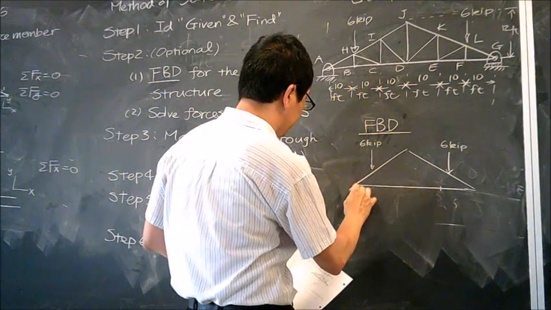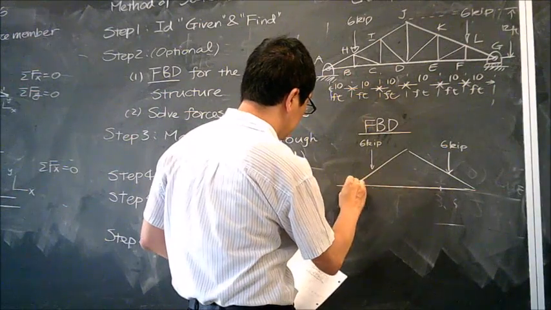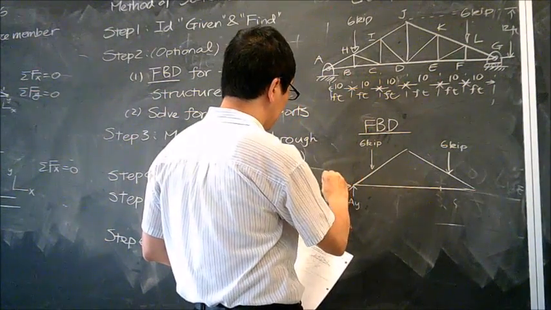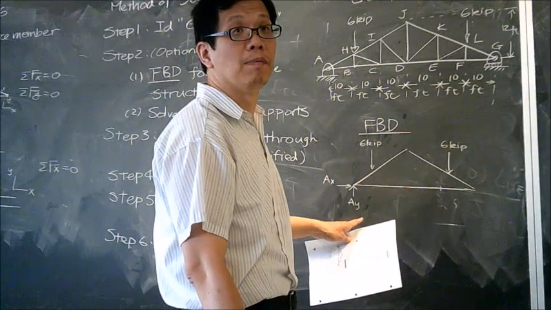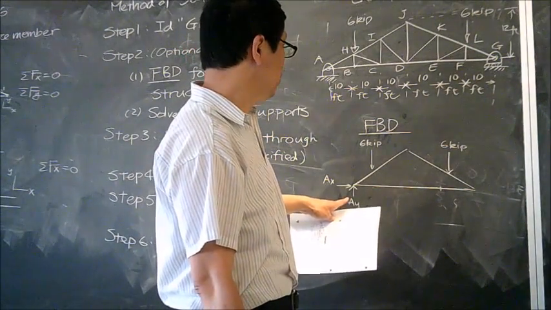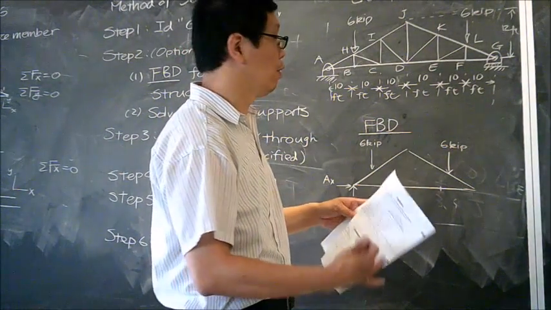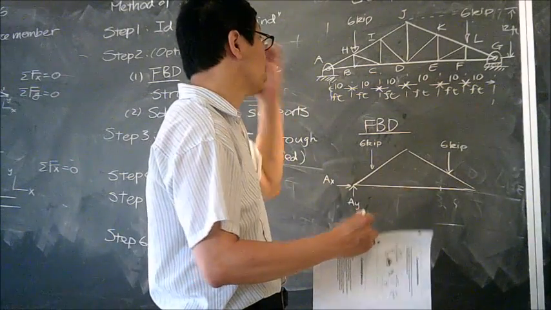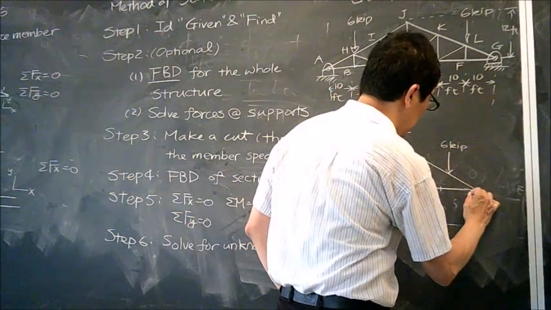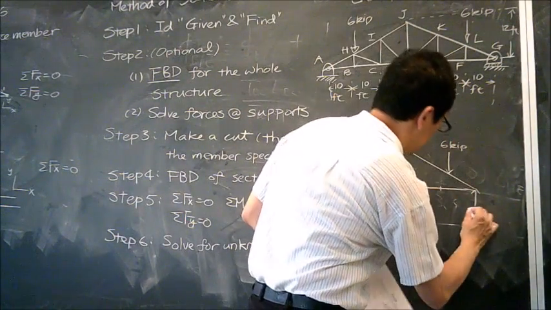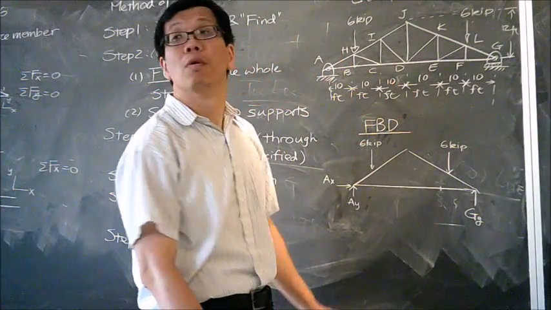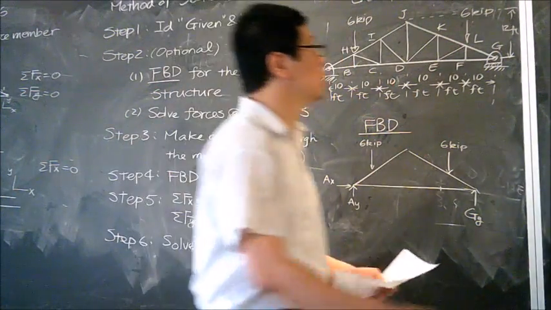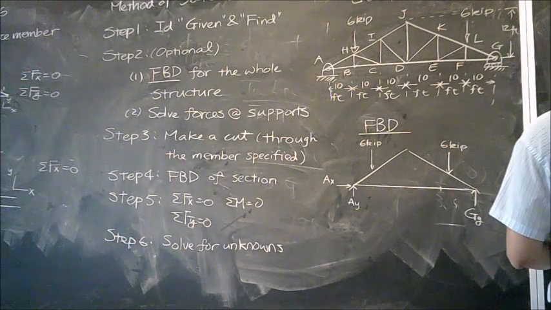At point A, this is a bearing, so I have AX and AY, and I would like to use both of them in the positive direction, so if I get a negative sign, I know what's going on. And at point G, I only have one support.